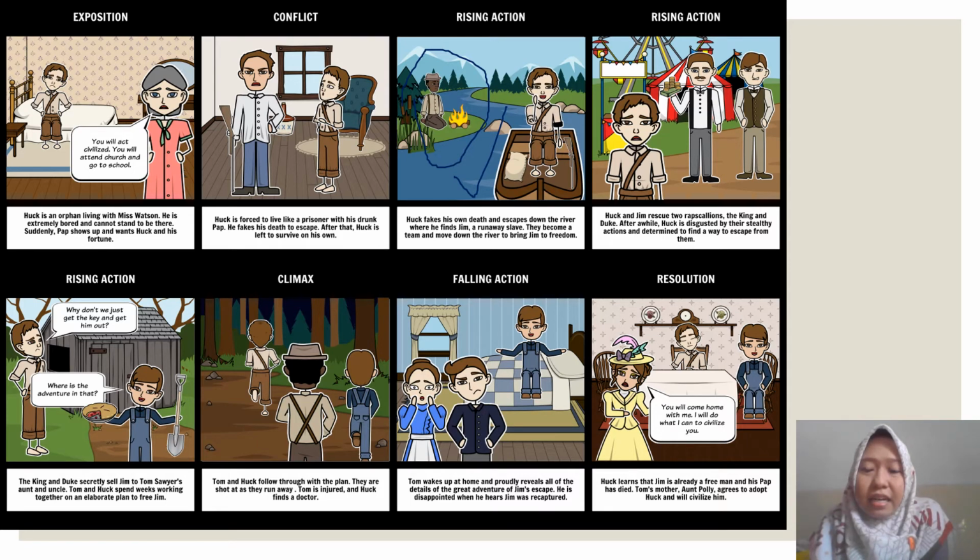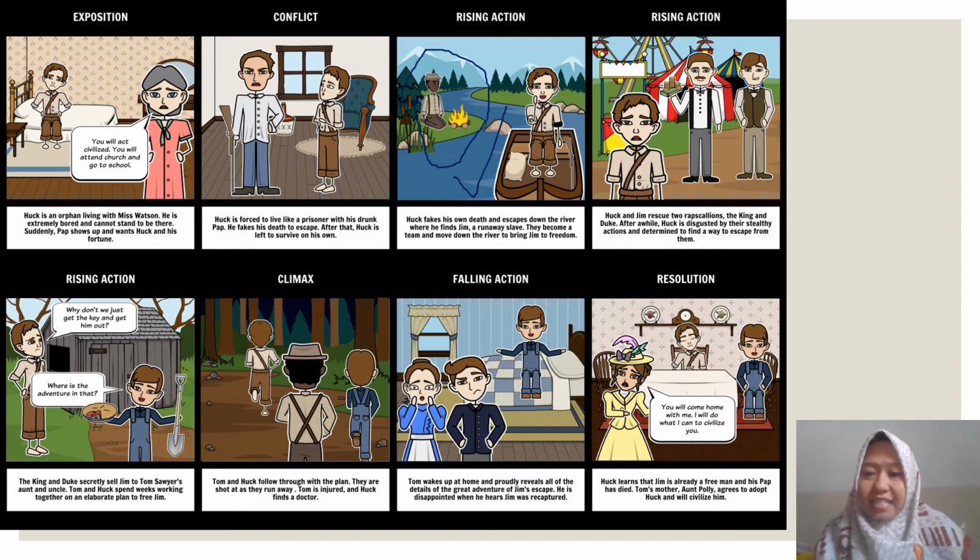And then Jim says that Mrs. Watson would like to sell him to another owner because Mrs. Watson needs money. So it means that Jim will be separated from his family. It means that he escapes and he doesn't want to be sold to another owner. Yeah, and this is the start of the adventure.